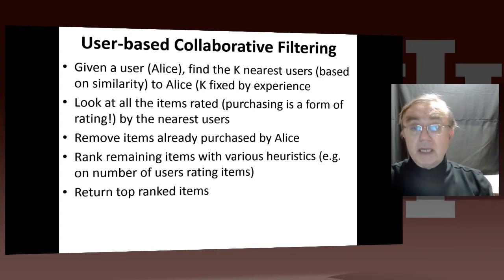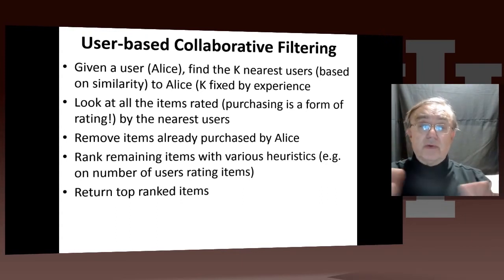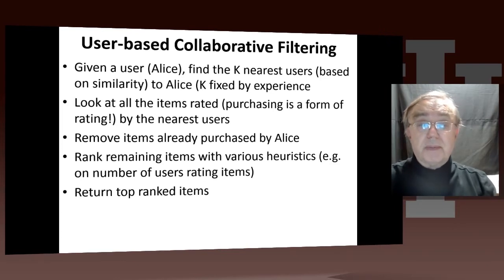You don't have all the items because you're only looking at the items from the nearest users, because those are the ones we're going to be predicting. We're not going to predict anything which the users who aren't near Alice have purchased. So we've already got down to a pretty small number of items at this stage. And we remove the items already purchased by Alice, and then we take all the remaining items and use that formula we had on the previous slide.